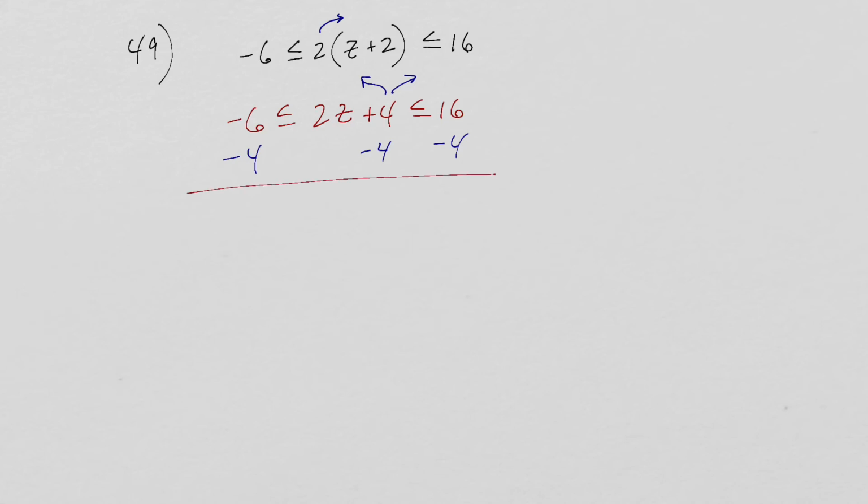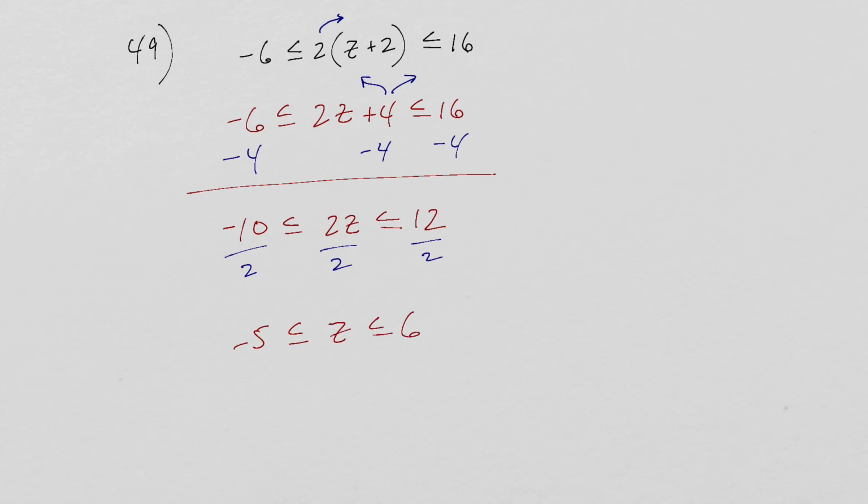Negative 6 and negative 4 give us a negative 10. That's still less than or equal to 2z less than or equal to a positive 16 and negative 4 give us a positive 12. And then I'll get rid of this 2 by dividing it away. So I have to do that to each section. And I'm going to get a negative 5 less than or equal to z less than or equal to 6.